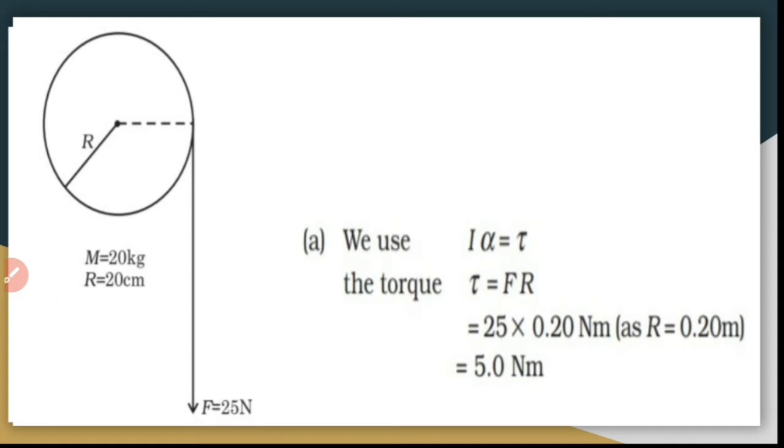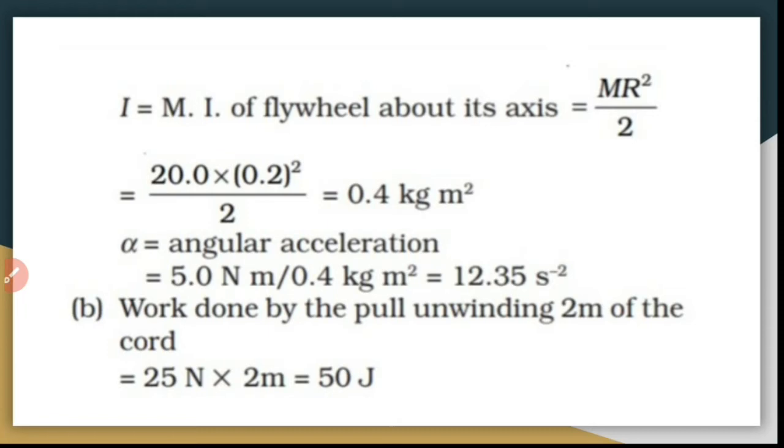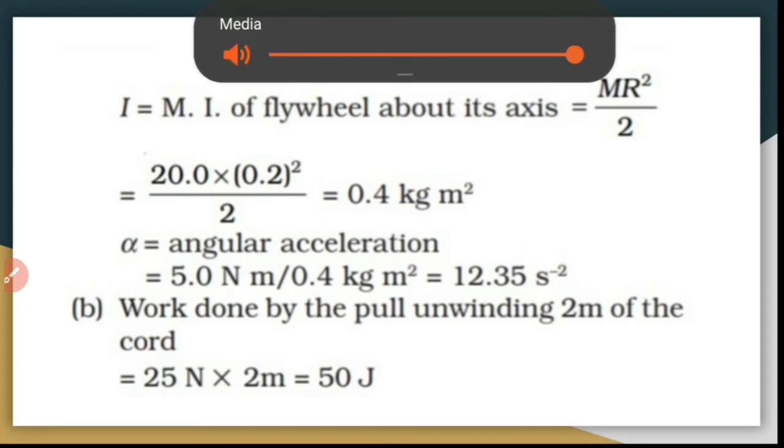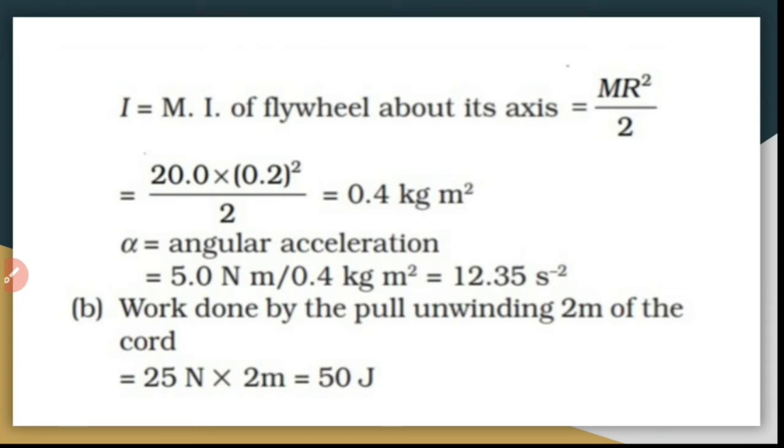Now we can find the torque using another expression: tau equals I alpha, where I is moment of inertia and alpha is angular acceleration. We already got the value of torque; equating it to I alpha, we can find alpha. Before that, we need to find I, the moment of inertia of the flywheel about its axis.